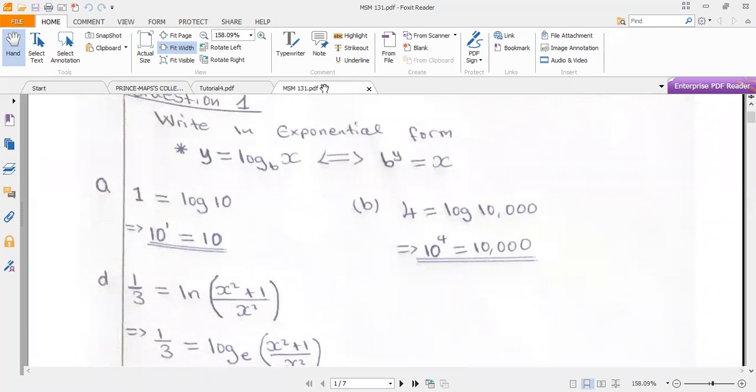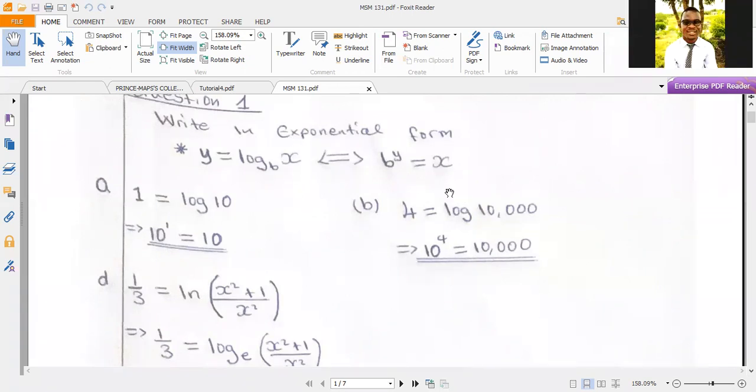So if the argument is x, you bring it to the other side, and what was the answer becomes the power, and you maintain the base. So it's log to the base b of x equal to y. We change: y becomes the power, we maintain the base which is b, and then we get the x, which was the argument, as your final answer.